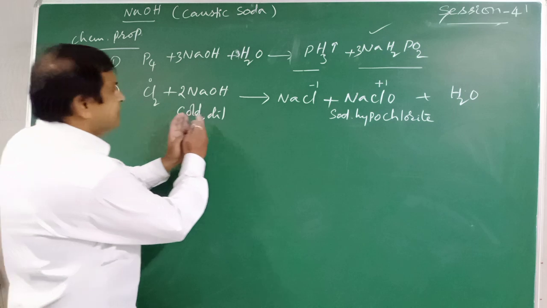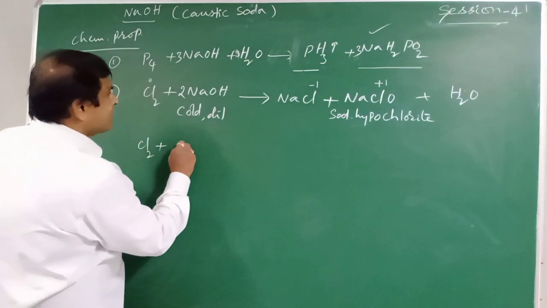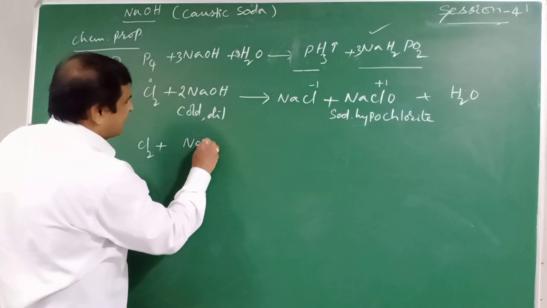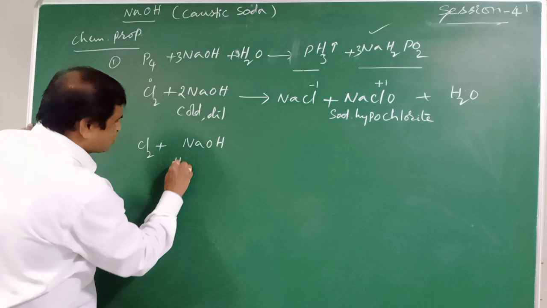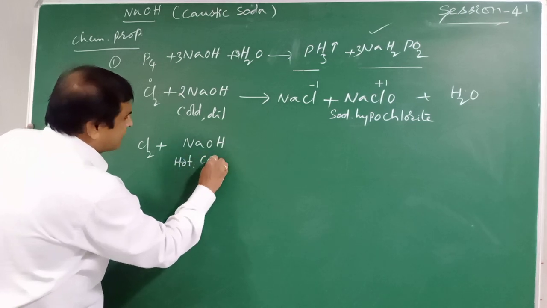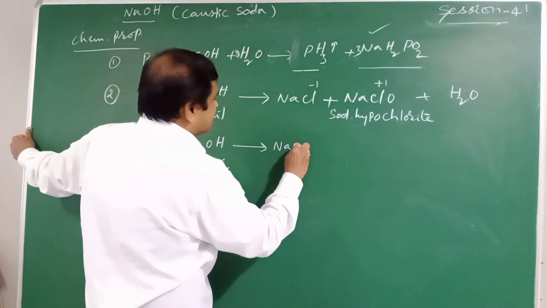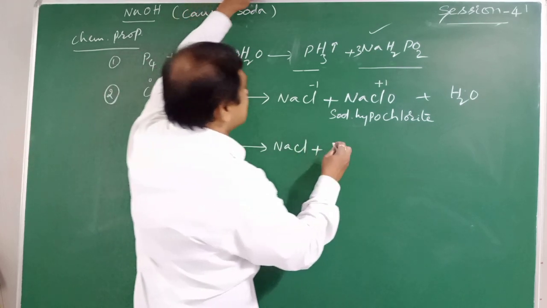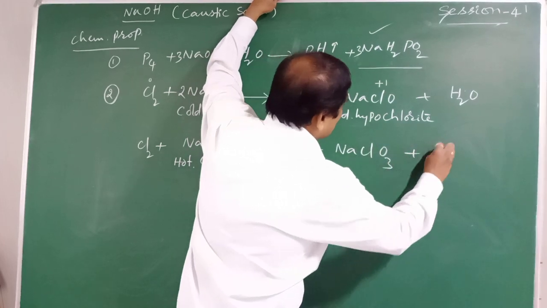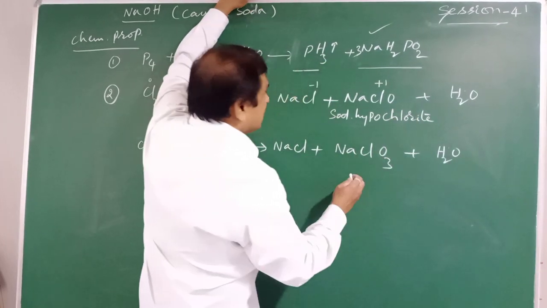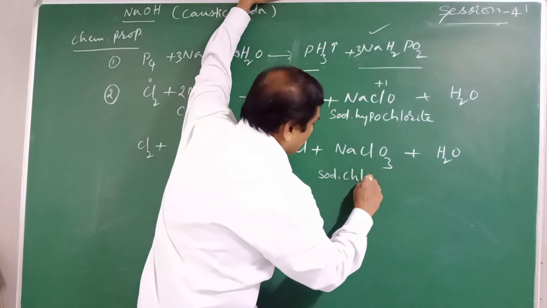This is the cold and dilute condition. Next, chlorine reacts with hot and concentrated sodium hydroxide NaOH solution. It forms sodium chloride NaCl and NaClO3, sodium chlorate, plus H2O.